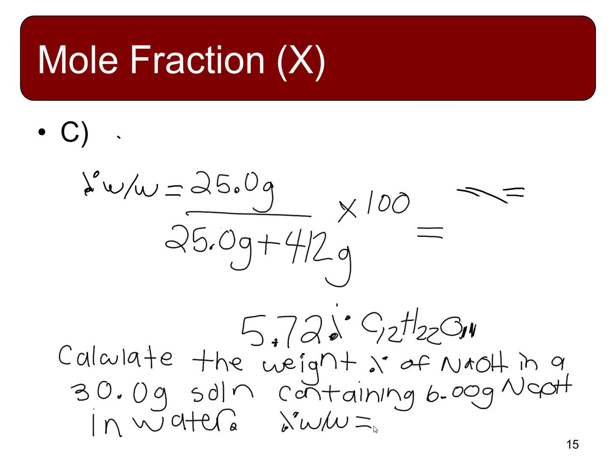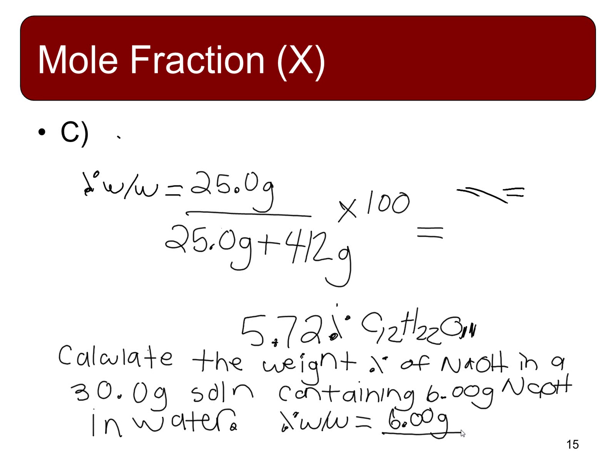Which component is our solute? The sodium hydroxide, because our solute is what's present in the smallest amount. We're given it in grams, so that goes in the numerator: 6 grams. And we're told we have a 30-gram solution. So are we going to place 30 here, or 30 plus 6, 36? 30, exactly.